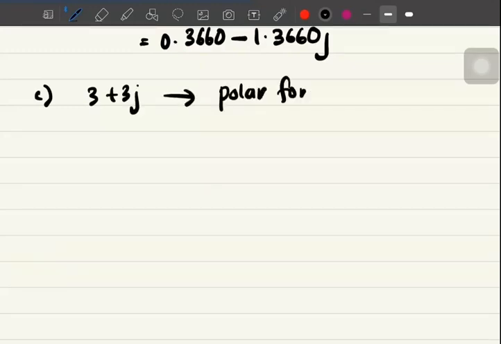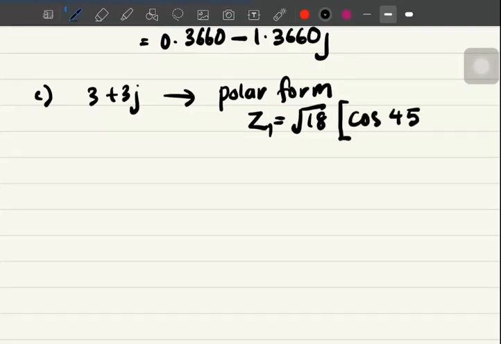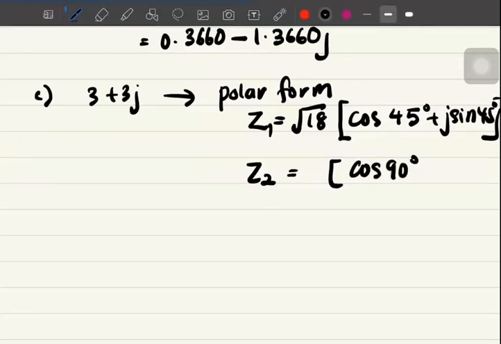Z is equals to square root 18. Betul, square root 18 cos 45 plus J sin 45. Okay, betul. Okay, so this is your Z1. And you know that your Z2 given to you adalah cos 90 tambah J sin 90.